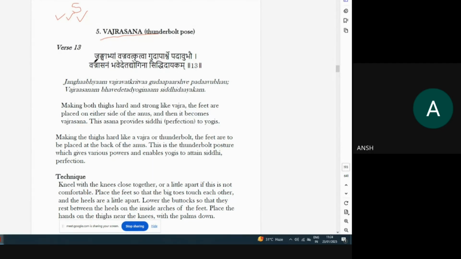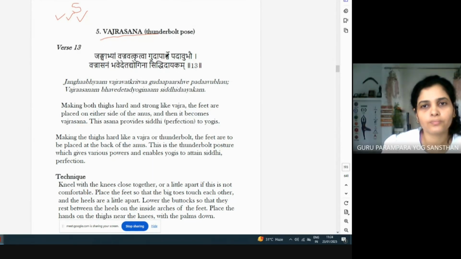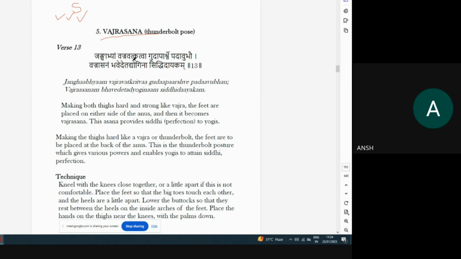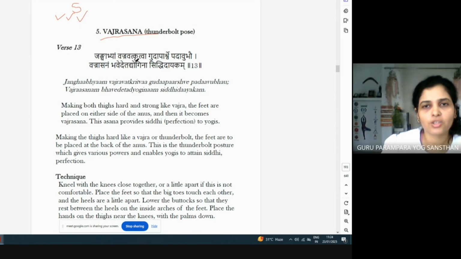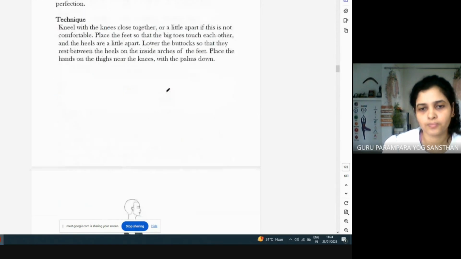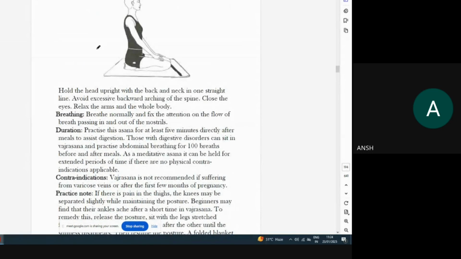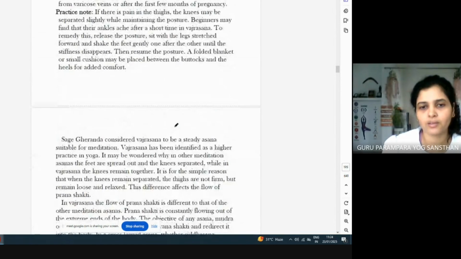Jangha Vyam Vraj Vajra Vaktrava Buddha Parshave Pada Vubho Vajrasan Bhavdet Yoginam Siddhi Pradayakam. So I told you that Muktasana is Siddhi Pradayakam, Vajrasana too, and further will come Gorakshasana. It's the same method that we do today.